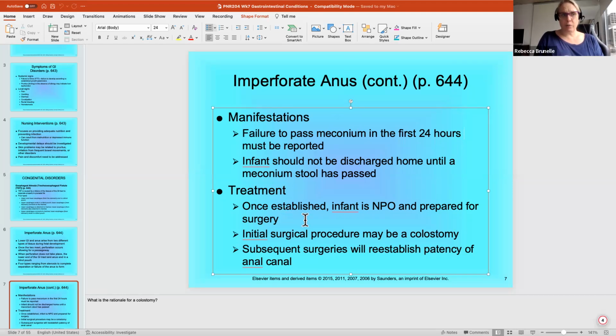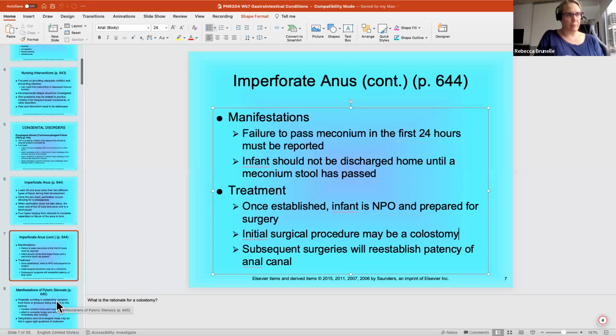So these kids will need some sort of intervention. You're going to make them NPO, not let them eat. A colostomy is where you take the end of the intestine and you pull it up to the surface of the skin. Then they would drain their stool out their ostomy. And sometimes, like I said, they need more dilation or interventions on their anal canal, right where their anus is.